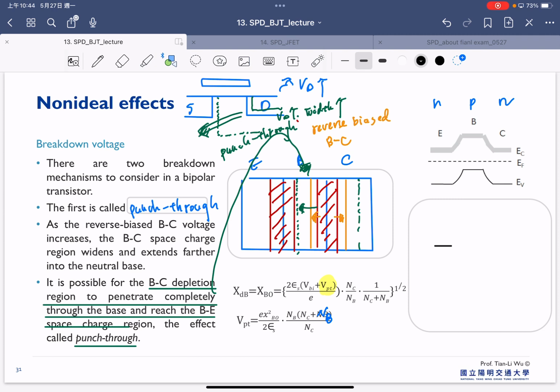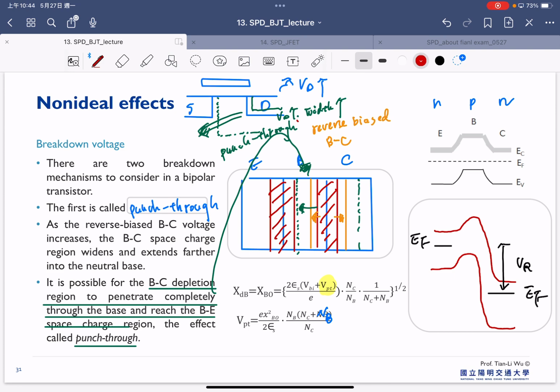And because we increase the reverse bias, now our EF becomes like here. So this is our reverse bias of the BC junction here.